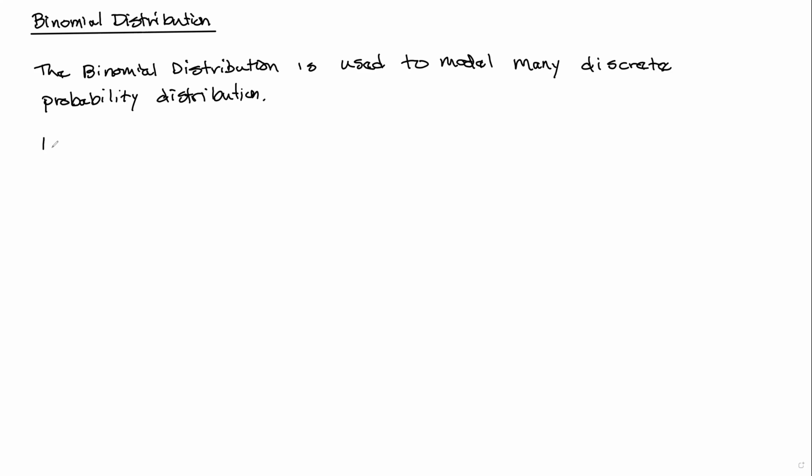For example, coin flips. If you're looking to model the probability of getting different outcomes with coin flips, you can use the binomial distribution for that.